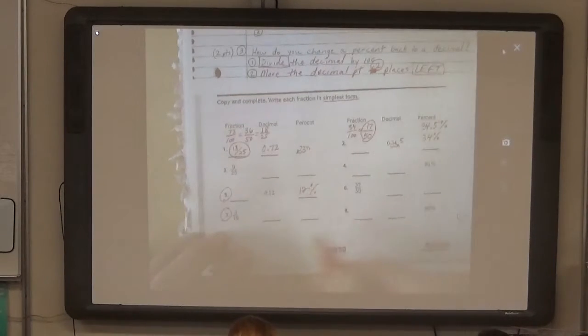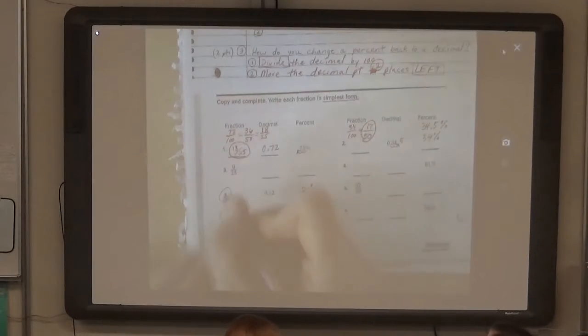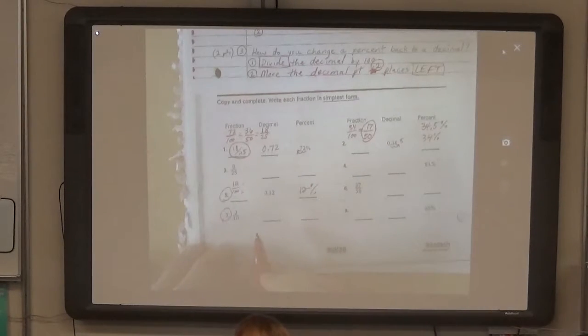Otto, what is that as a fraction in simplest form? Twelve hundredths. What's the greatest common factor? What can we divide both by? 4. So it's 3 25ths.